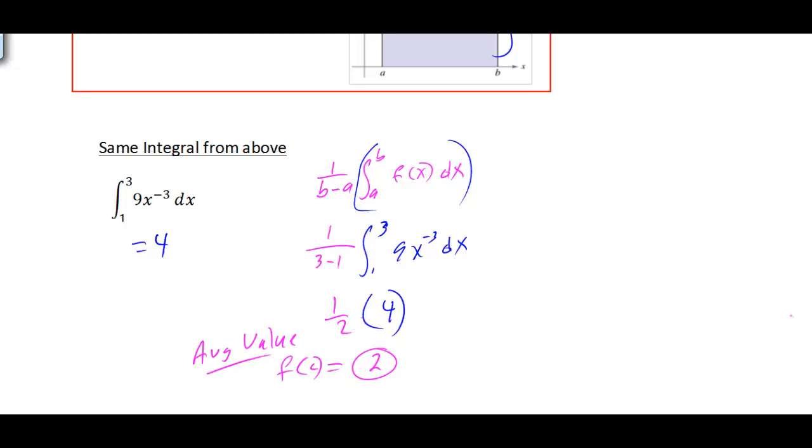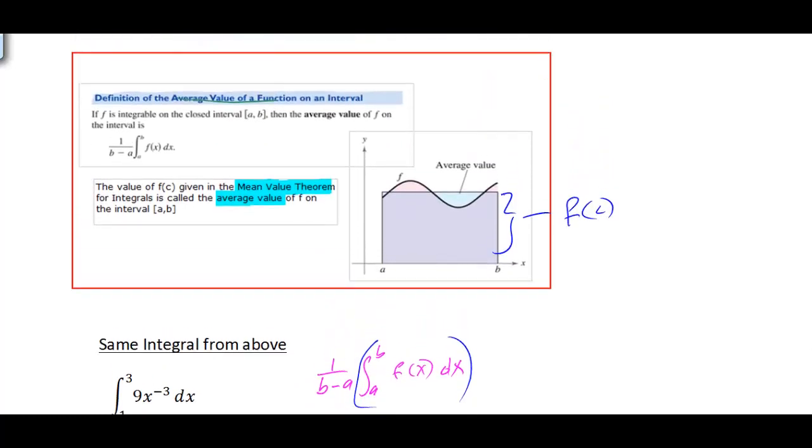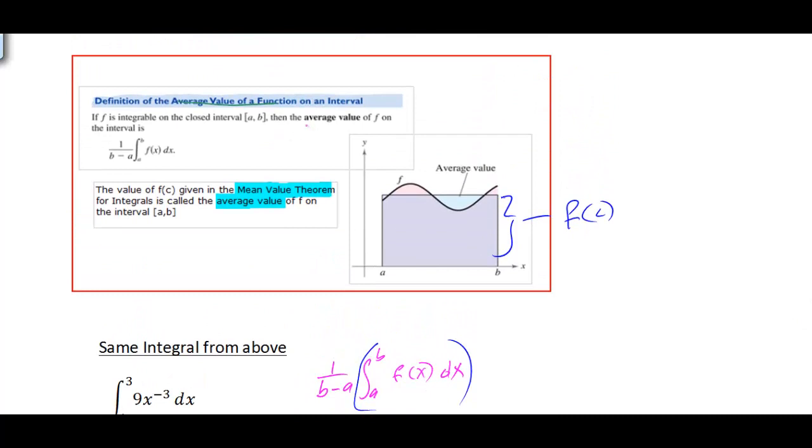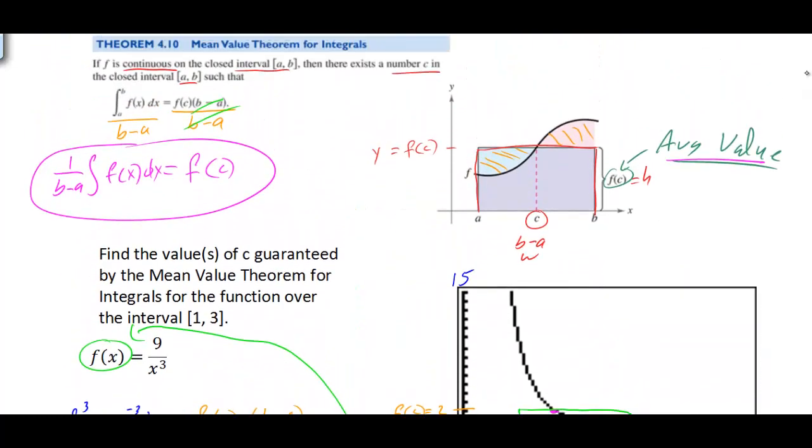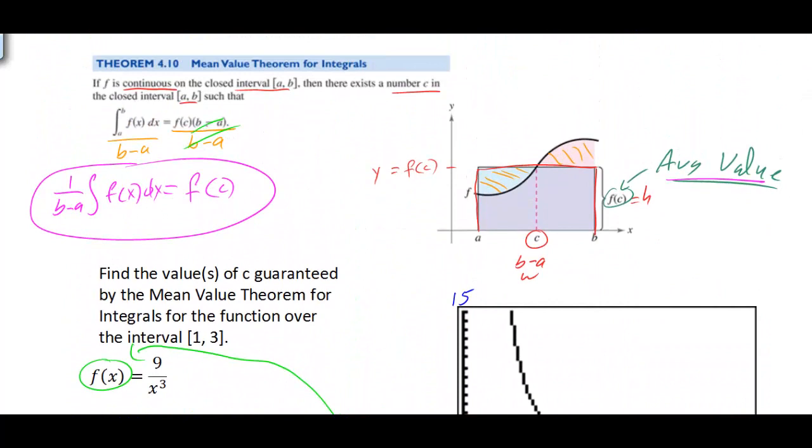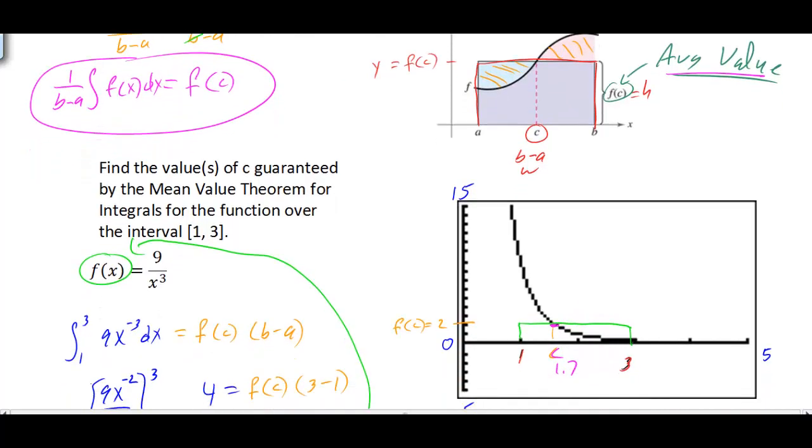So that's a quick way, and realize again, this average value is just a way of looking at rearranging the mean value theorem. All we had to do with the mean value theorem is divide by b minus a. That gives us the average value of our function.